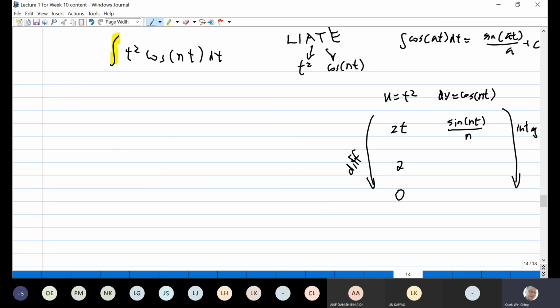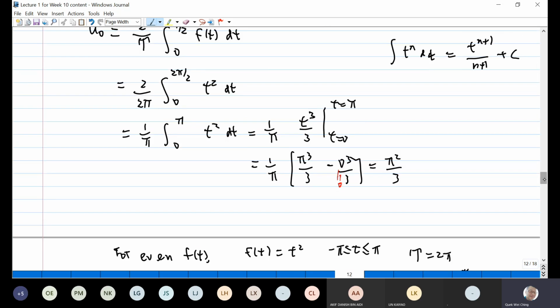Then integrate again. Integrate sine nt, you get minus cosine nt over n.